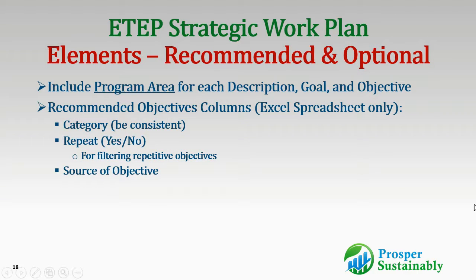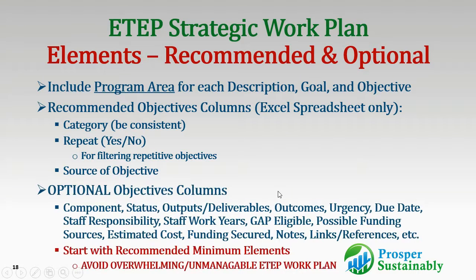And then within your ETEP strategic work plan, if you're using the Excel spreadsheet, there'll be additional columns that you want to include per objective, and I will explain more what this means in just a minute when I show you the actual template. And there are also some optional columns too that I'm going to show you more as we walk through the template together.